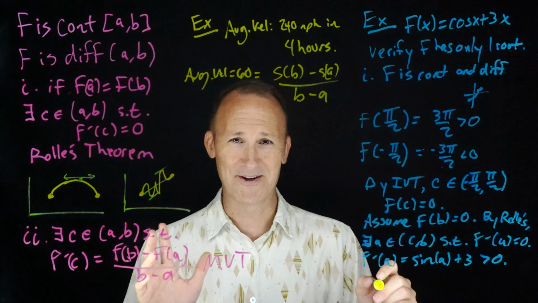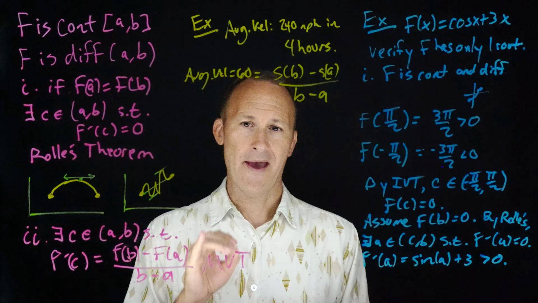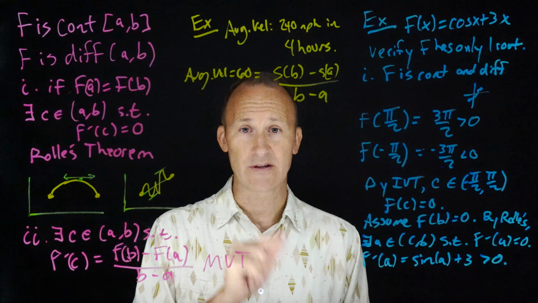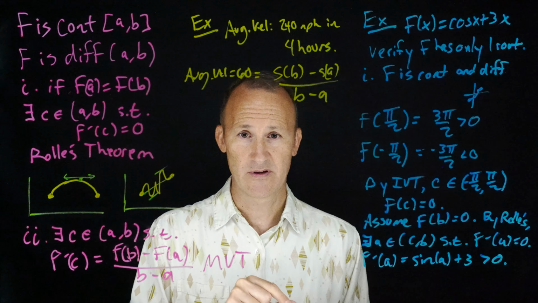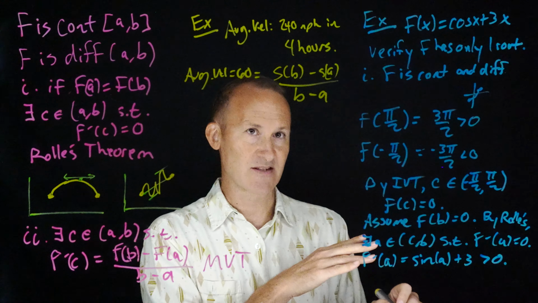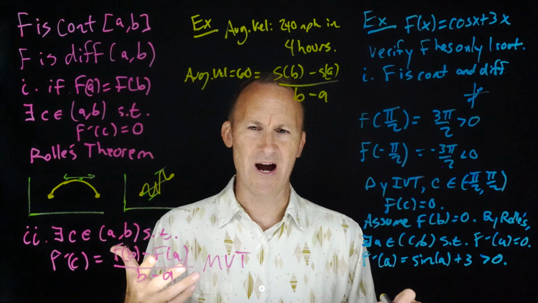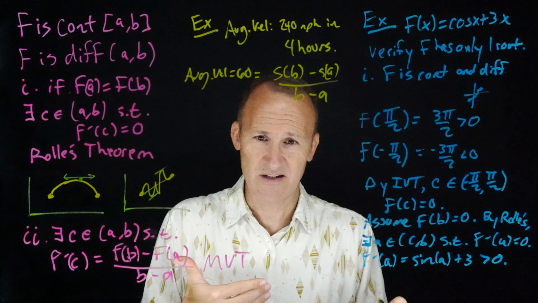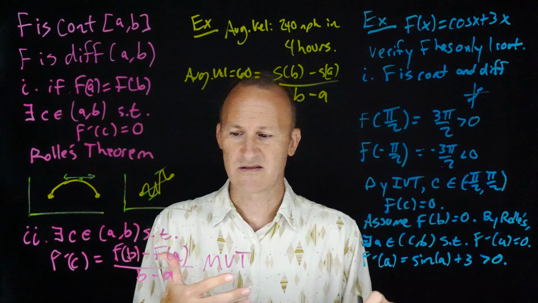Now, can you prove that the person had to be going 60 miles per hour at some point on the trip? This seems obvious, right? If your average is 60, how could you avoid going 60? If you never got to 60, you couldn't go 240 miles in 4 hours. And because velocity is continuous, it's not like you can jump from 59 to 61.